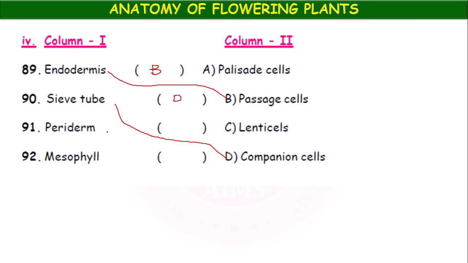Periderm is present in the lenticels. Then mesophyll contains palisade parenchyma and spongy parenchyma, differentiated into two. A. Okay.